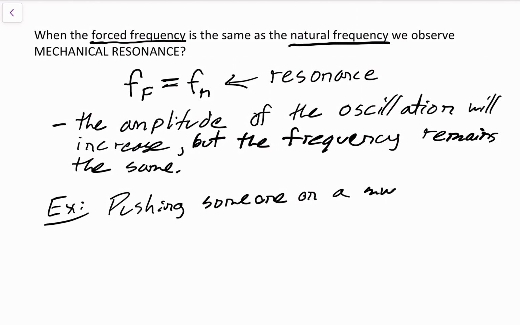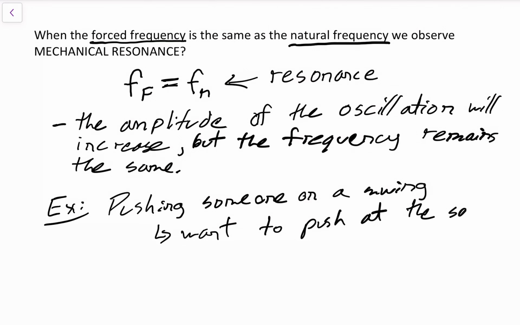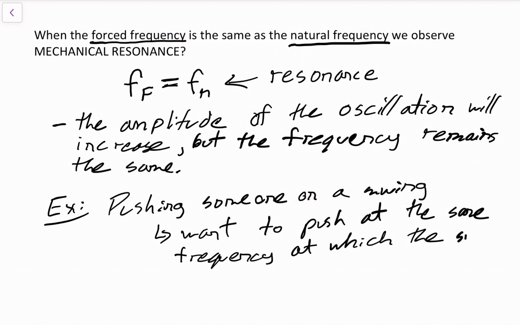In this case, if you want them to get really high and to have a fun time swinging on the swing, you want to push at the same frequency as the swing is oscillating, in order for their amplitude to increase.